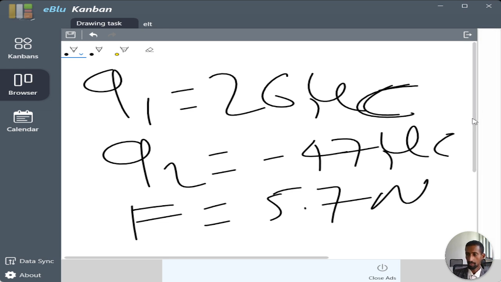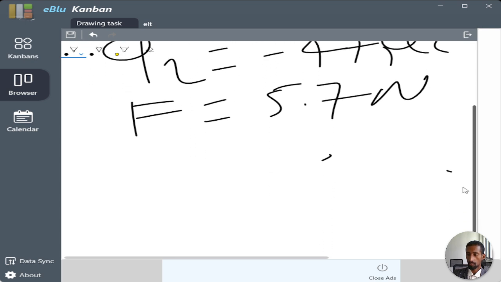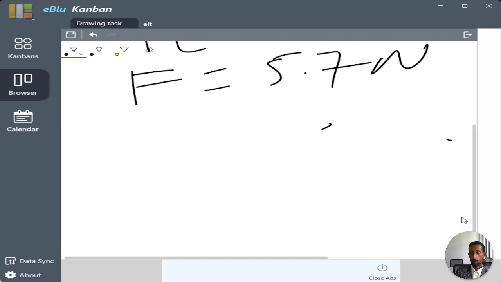How can you calculate the electrostatic force between two point charges? From Coulomb's law, if you remember, Coulomb's law states that the electrostatic force between two point charges is directly proportional to the product of their magnitudes and inversely proportional to the square of the separation distance.